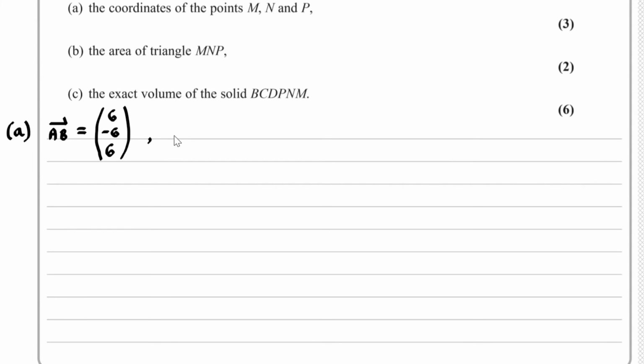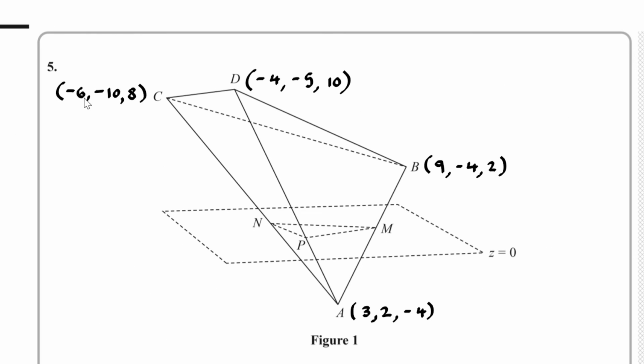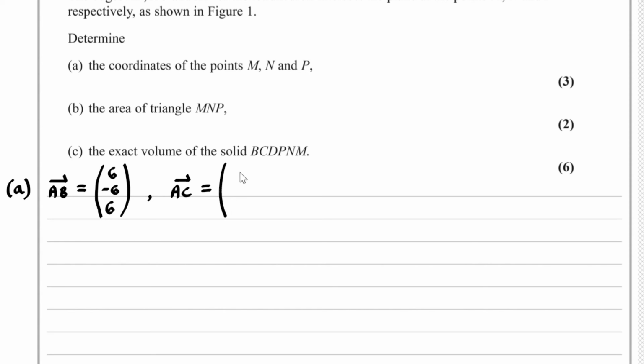Now we can find out AC. Well, from 3 to minus 6 we subtract 9, from 2 to minus 10 we subtract 12, from minus 4 to 8 we add on 12. So finding AC we have minus 9, minus 12, and 12.